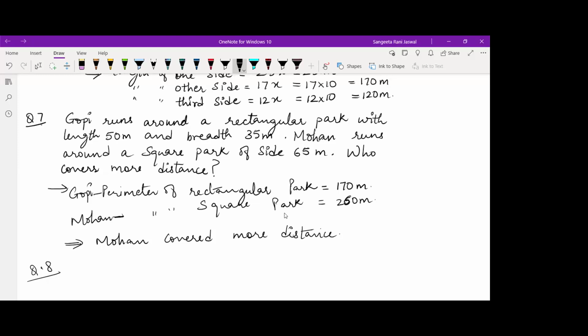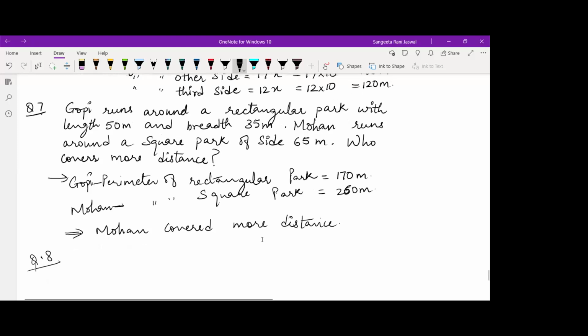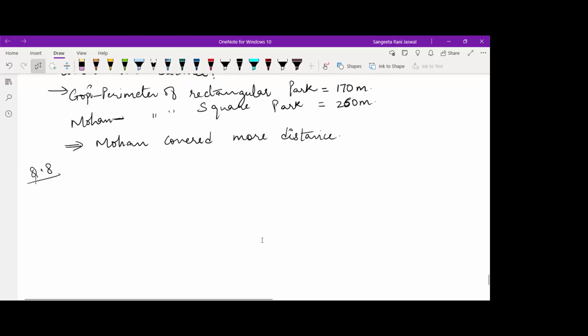Ma'am, length into breadth. And what is area of a square? Side into side, because in a square all sides are equal. That's the only difference. Rest everything goes the same.